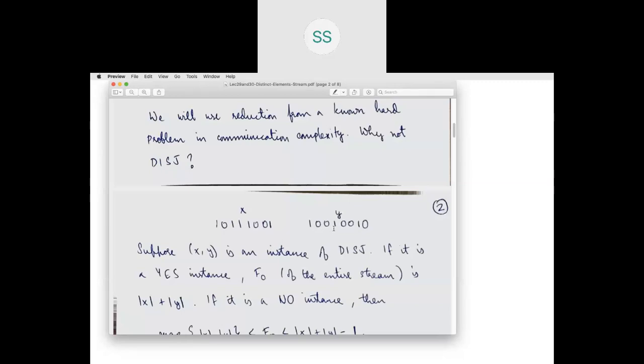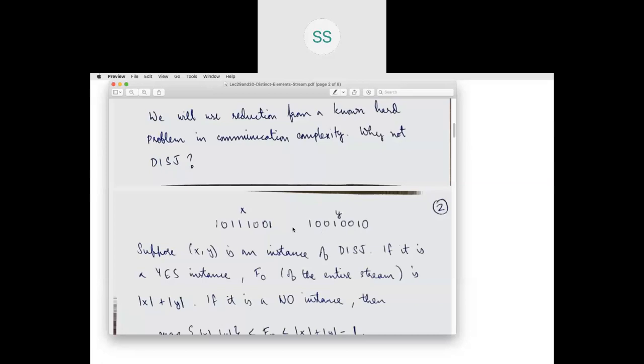And if you have a protocol for disjointness using less communication, and if somehow disjointness relates to the zeroth moment, then that would imply that the zeroth moment is also hard.